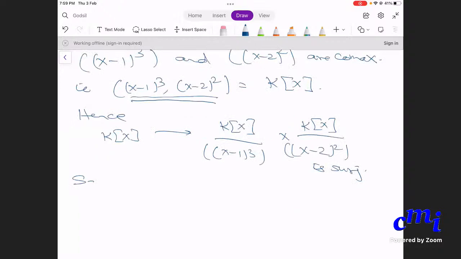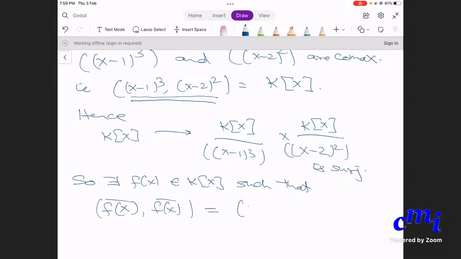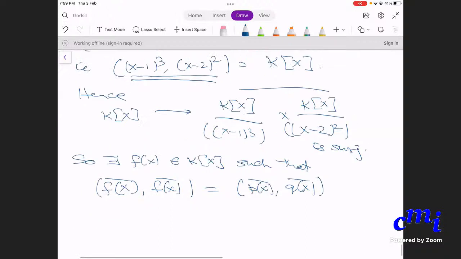So there exists an f of x in k[x], I don't know what the degree is yet, such that f(x) bar equals (P(x) bar, Q(x) bar). I can take anything I want. It's surjective, so any element I want in this ring will be the image of some f of x.